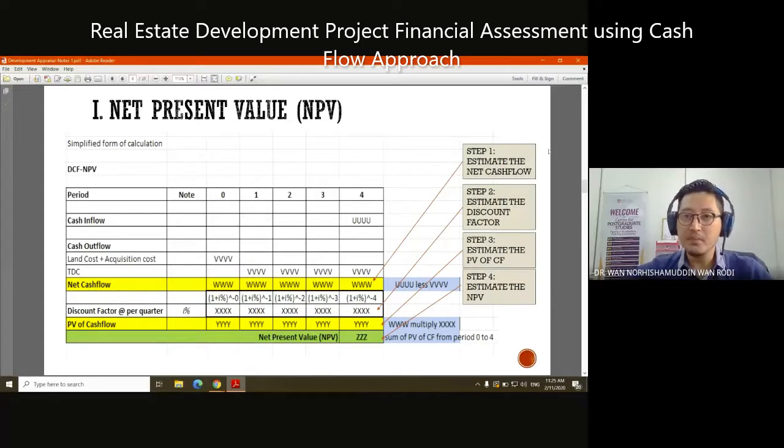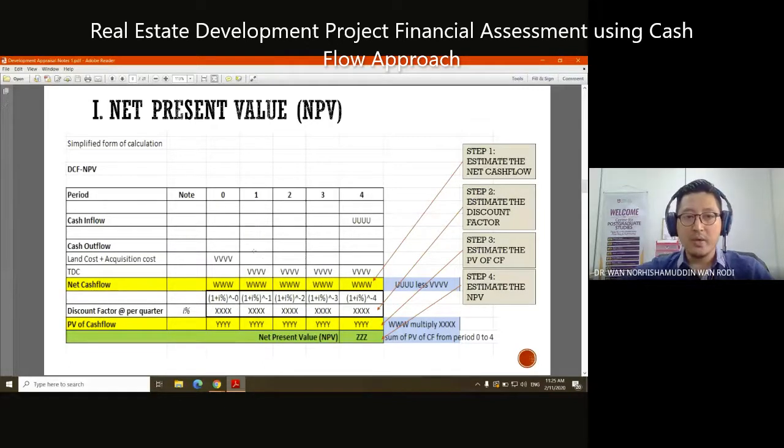The second step would be to estimate the discount factor, 1 over A, where A equals (1 + i%) to the power of N. As you can see here within my Excel sheet, I put the negative sign in front of the N period because I want to simplify the calculation without using 1 over A. So I just put a negative sign in front, and then you will get the amount of discount factor per quarter.